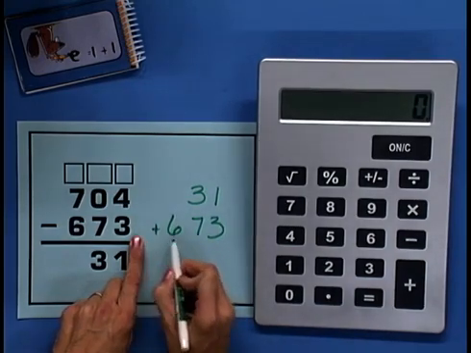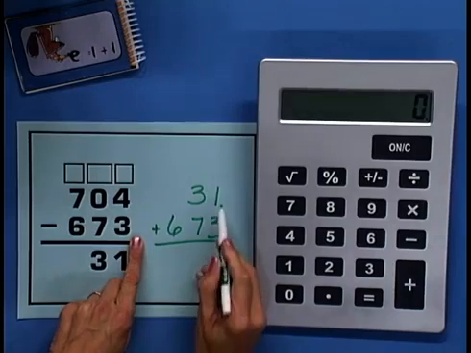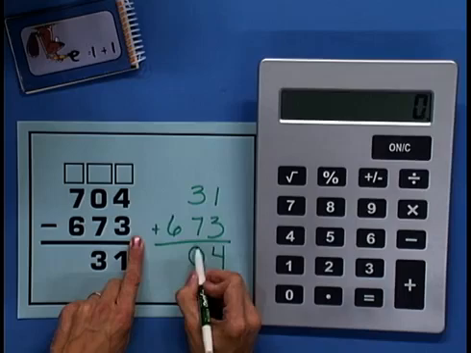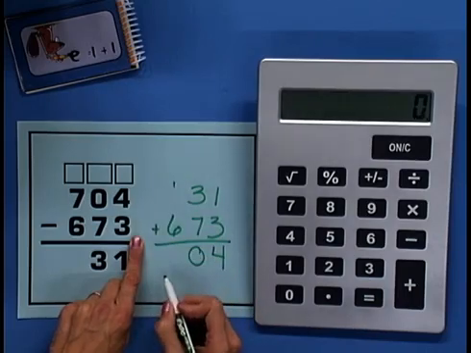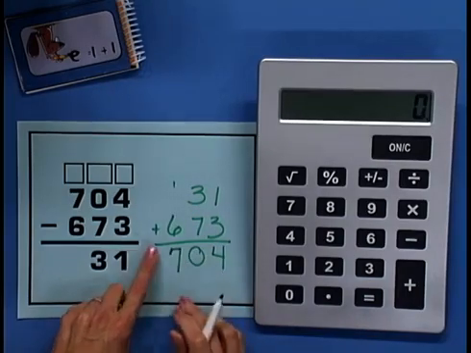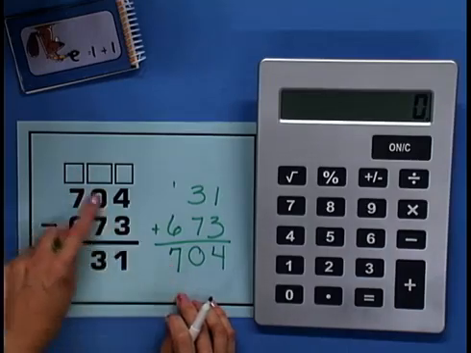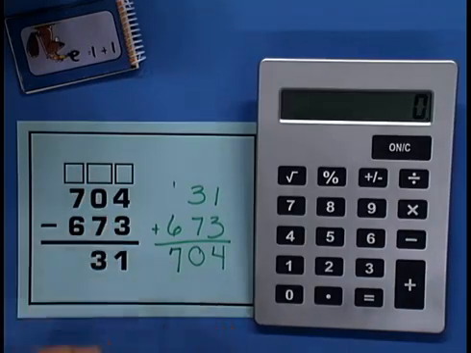Then we add them, okay? Let's see, 1 plus 3 is 4, 3 plus 7 is 10, that's 0 ones and 1 ten. 1 plus 6 is 7. 704, okay? Now you can work it out on paper like that, or you can try something else.